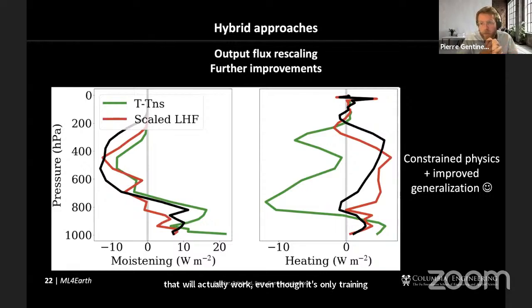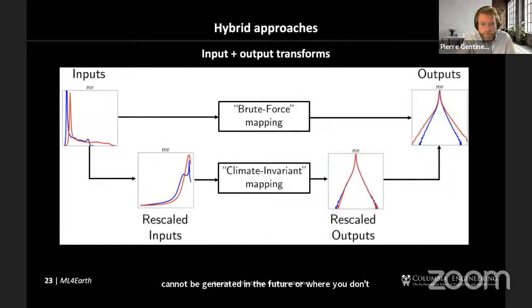And that's very useful if you wanted to use, for instance, satellite data, or something that cannot be generated in the future, or where you don't know the processes in the future. So a quick summary: you have your original PDF, say, in terms of humidity. You would want to rescale that in terms of things that are relatively distribution invariant.